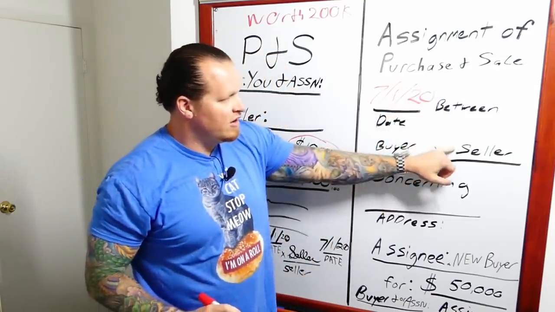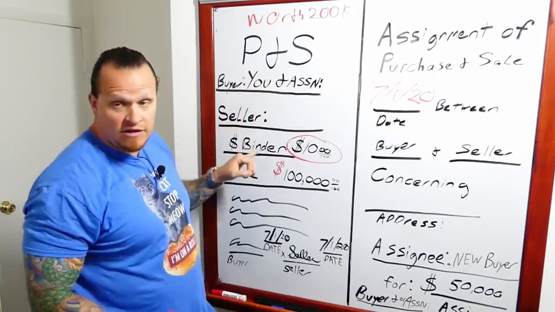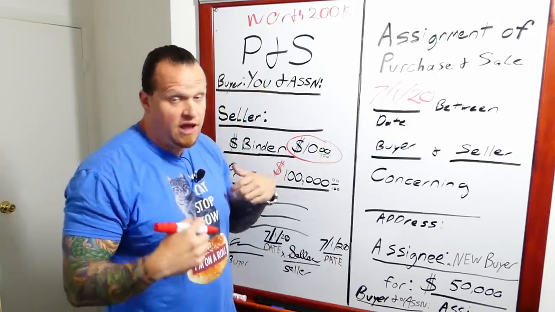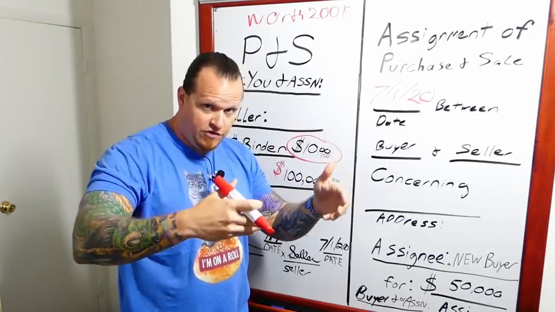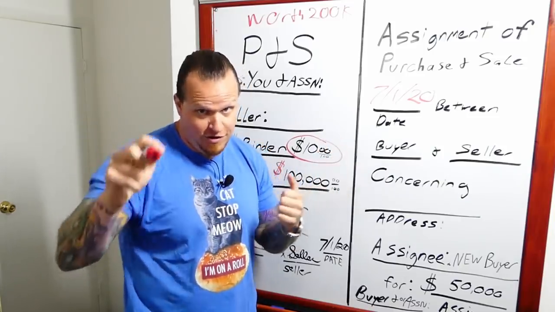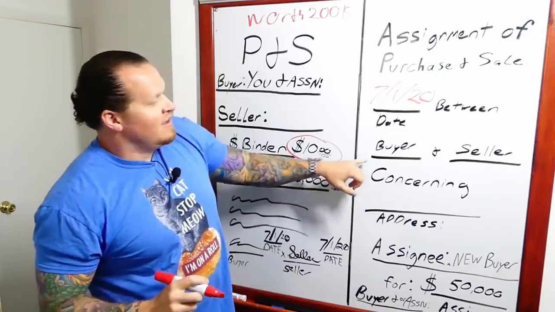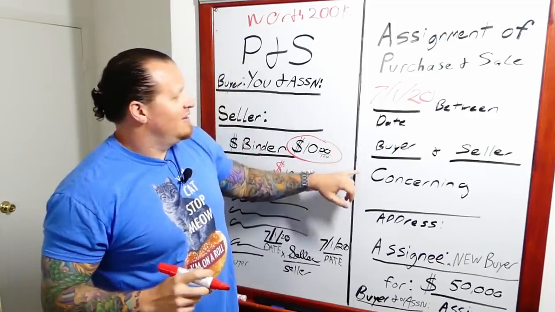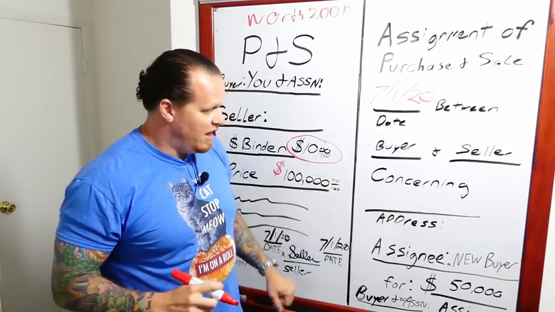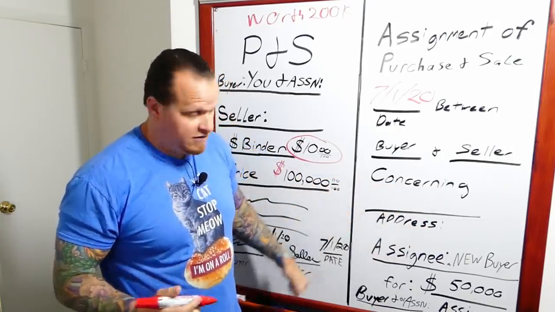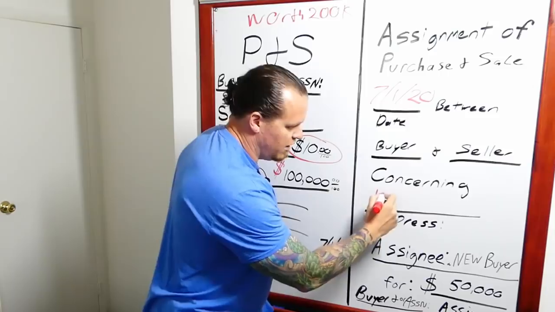Between buyer and seller, and that's the buyer and seller from the purchase and sales agreement, not the new buyer or the assignee who you have just procured. I know, big word. That means found. Then it's going to say concerning, and that is the property address. You're going to write that in so you know what property you're assigning.